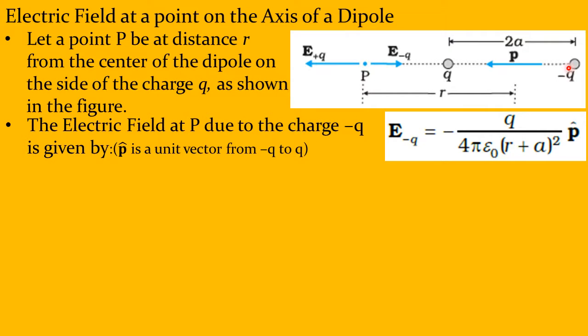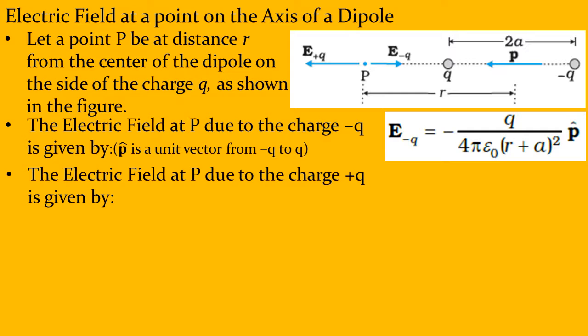We have already learned Coulomb's law. We can use that to calculate this electric field. The electric field due to the charge minus q is 1 by 4 pi epsilon naught. This is the constant.